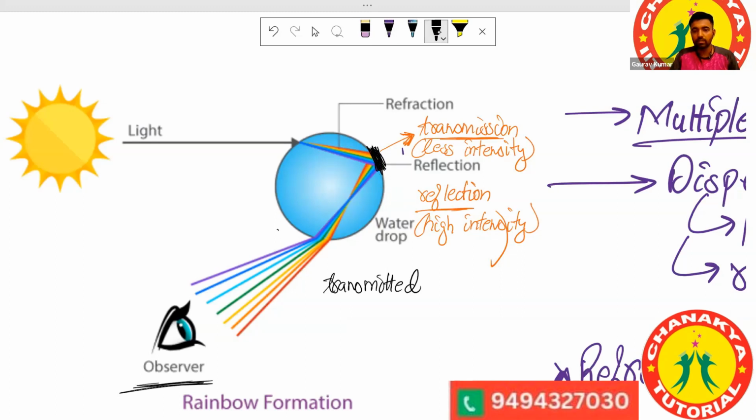The light gets reflected from this part. Sir, after the reflection... I'm coming to that part. Don't worry. Until now, any doubt? No, sir. Okay. So this part acts like a mirror. And what happens when light is incident on a mirror?